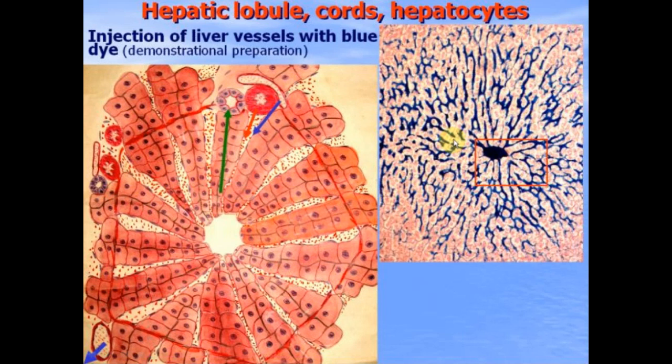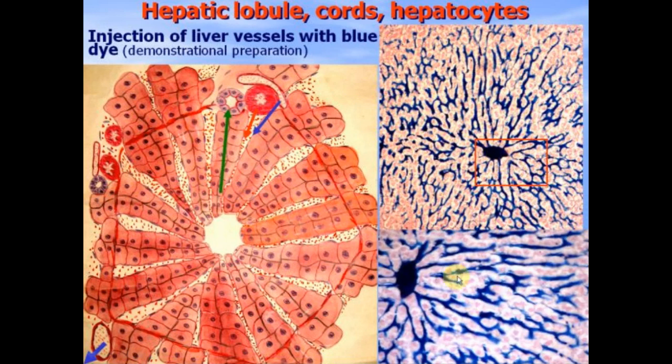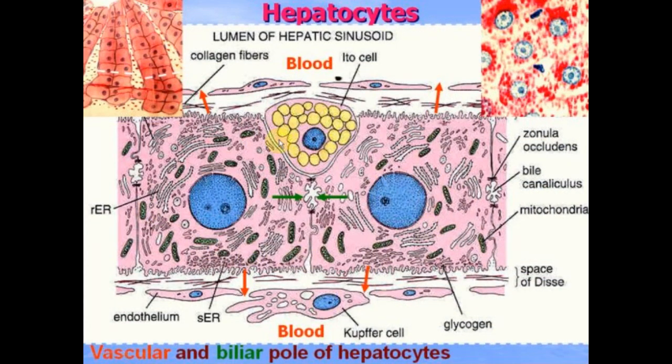This microphoto demonstrates the histological preparation of a liver lobule after injection of liver blood vessels with blue dye. The central vein and sinusoid blood capillaries are filled with blue dye. High magnification. This is a transverse section of a hepatic cord.